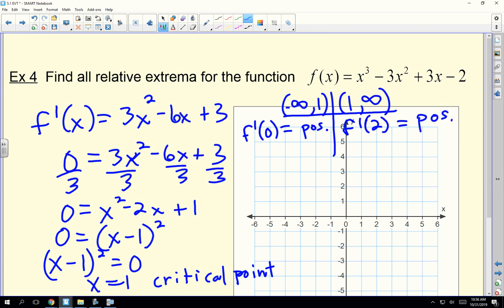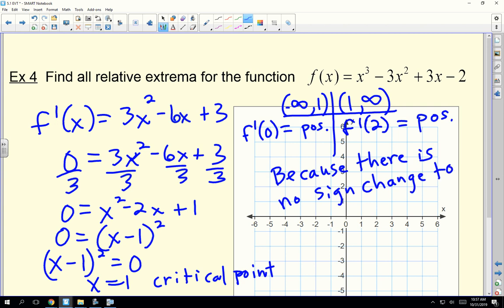So here's the deal on this one. And then I'll graph it and I'll demonstrate it to you. Because there is no sign change in the derivative to the left and right of x equals 1, there is no max or min.